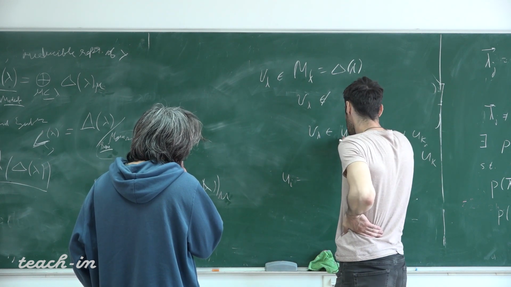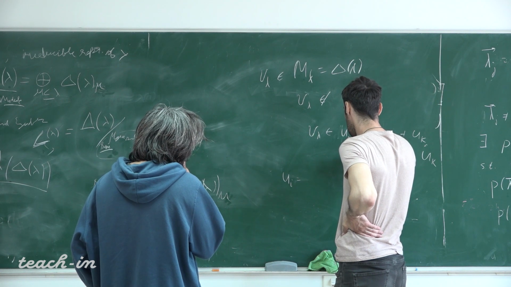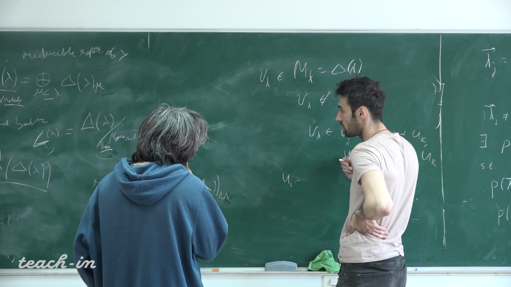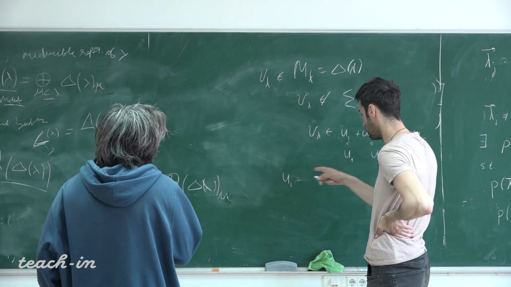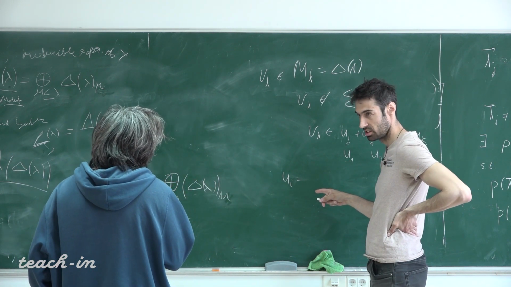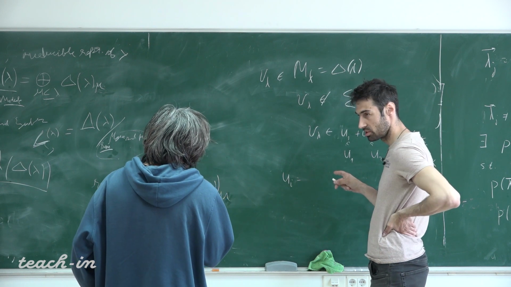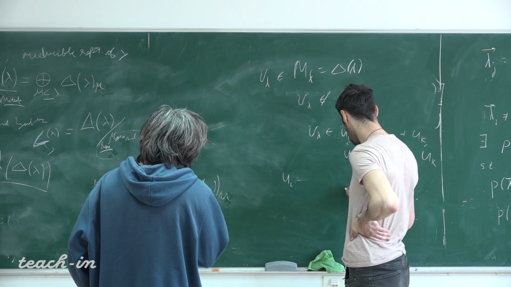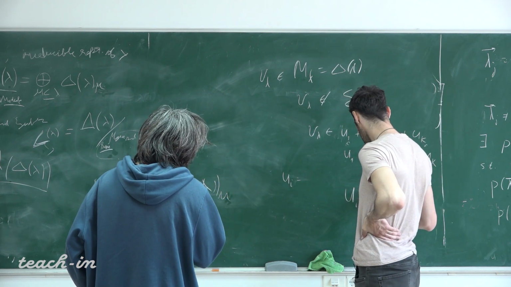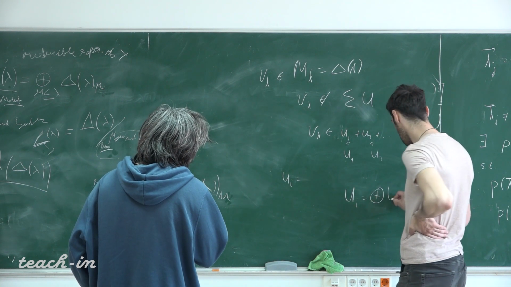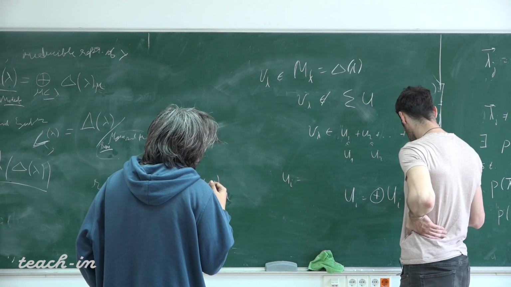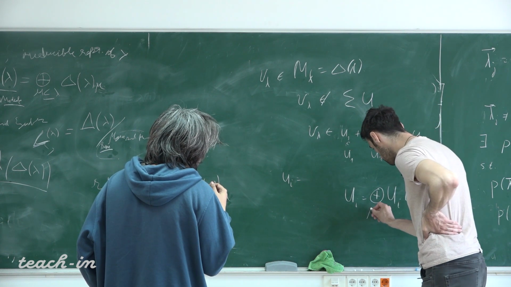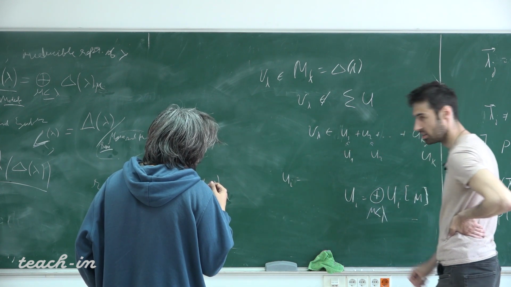This is just an element in U1, and each proper submodule, by problem 1, can be decomposed into weight submodules. By problem 1, Ui is a direct sum of Ui mu, but because it's proper, it's strictly less.